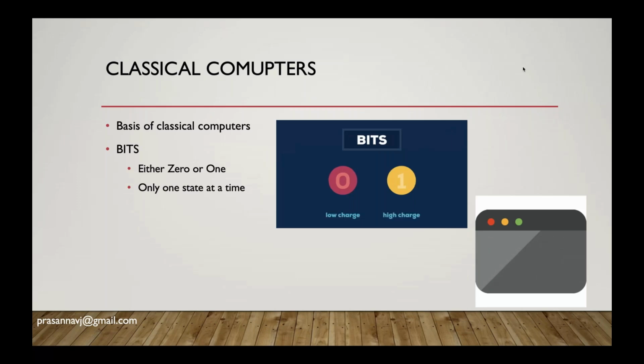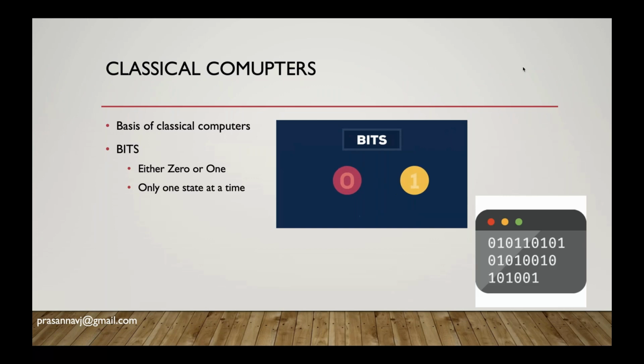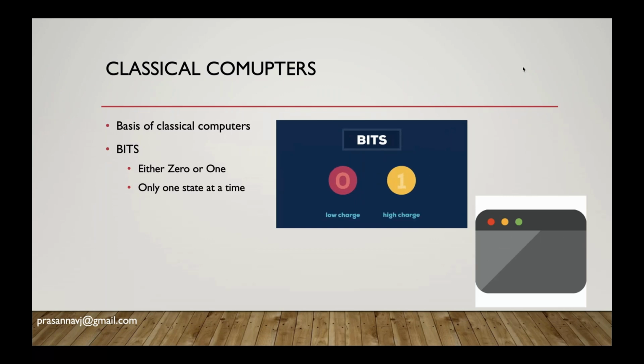And we all are aware that a bit in a classical computer can hold only one certain value at any point in time. A bit can have either a 0 or 1 at any point in time. This is a classical computer.